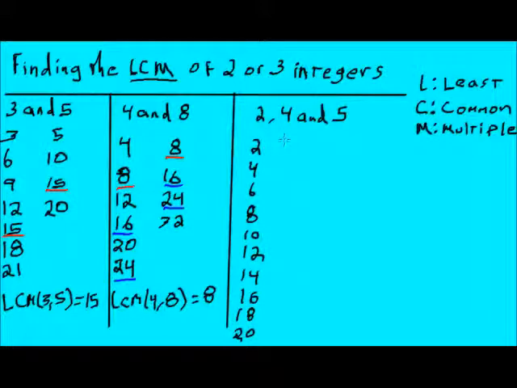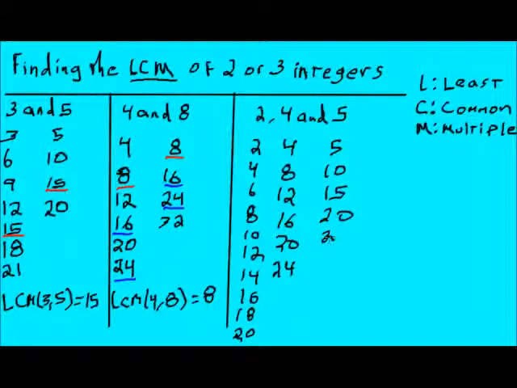And then for 4, multiples of 4 are 4, 8, 12, 16, 20, and 24. And once again, you just list until you find one. There's no one way to do these problems in particular. Okay? And then for 5, we've got 5, 10, 15, 20, and 25.